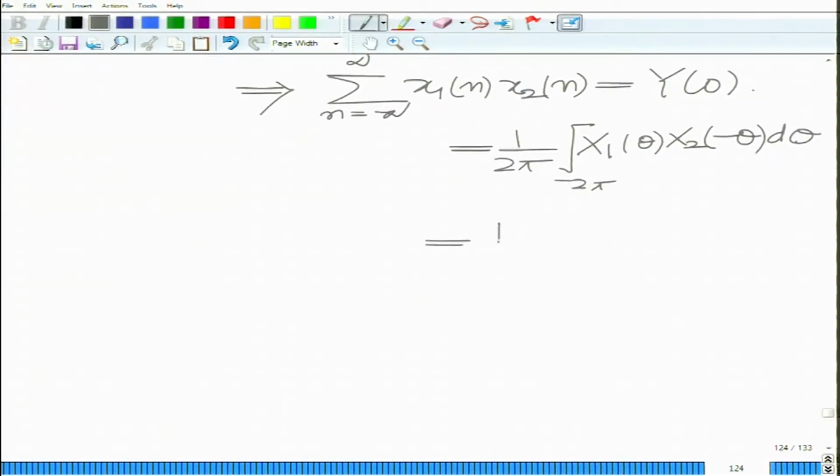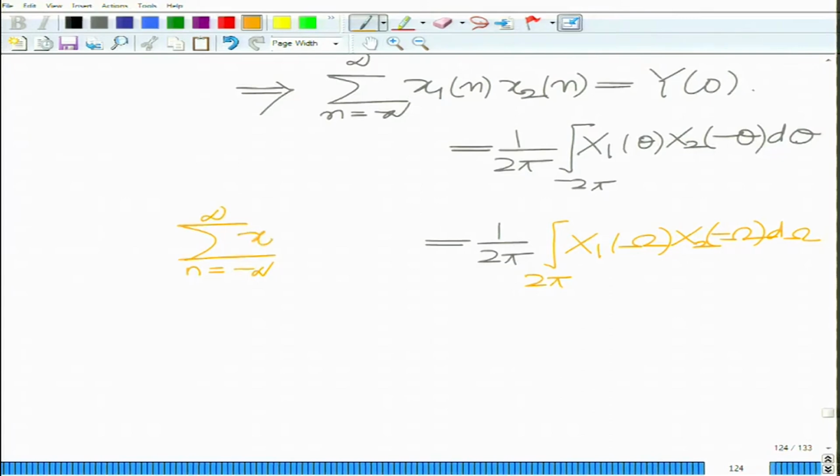Since θ is just an index, you can also write that as 1 over 2π integral over 2π of X1(ω) X2(−ω) dω.